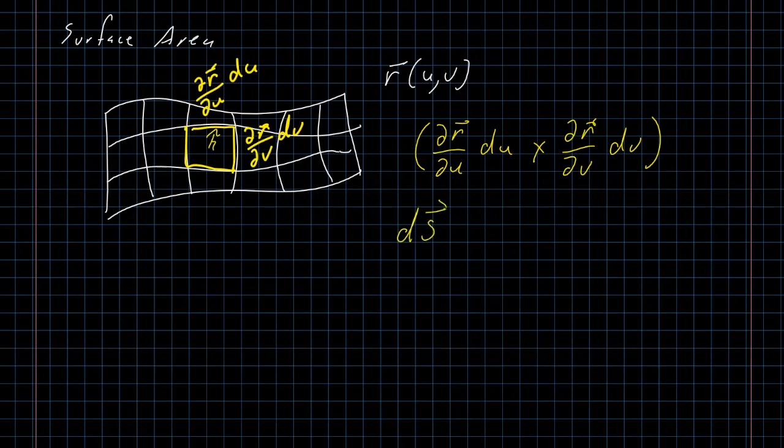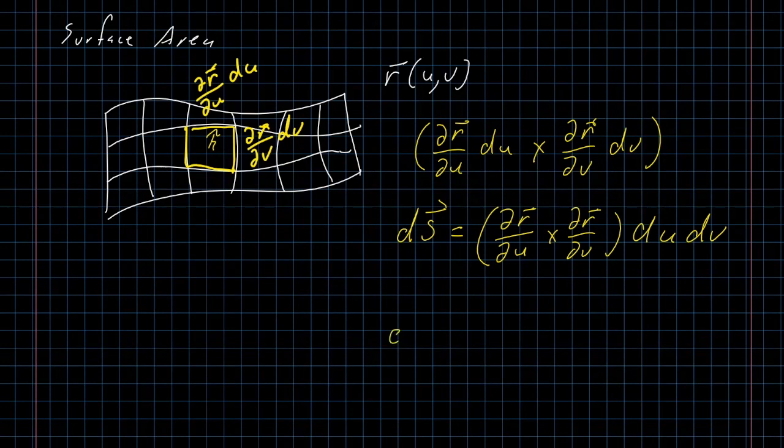All right, so I can define a vector surface element, d vector s, and just rearranging this a little bit: partial r partial u cross partial r partial v du dv. And if I want a scalar surface element, ds is just going to be the magnitude of partial r partial u cross partial r partial v, du dv.